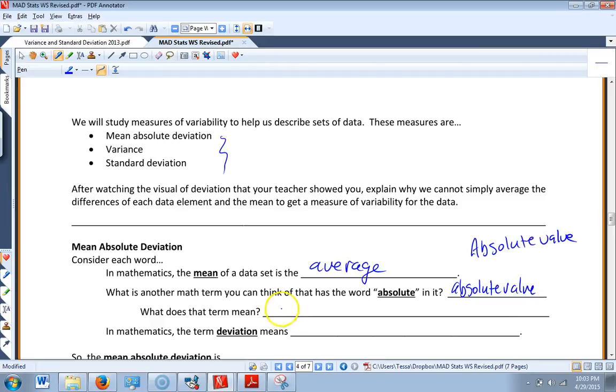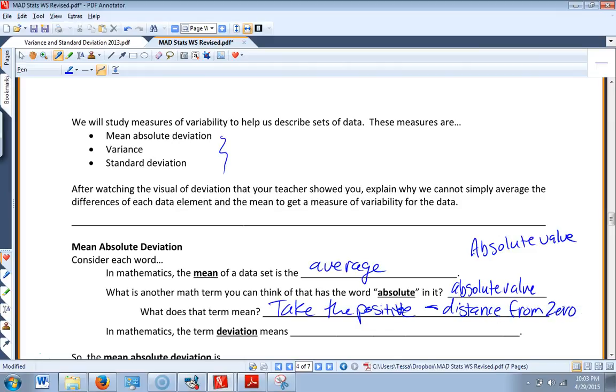Okay, that means whatever's inside of our absolute value signs, you want to take the positive. Okay, so let's take the positive because we want the distance from 0, okay?